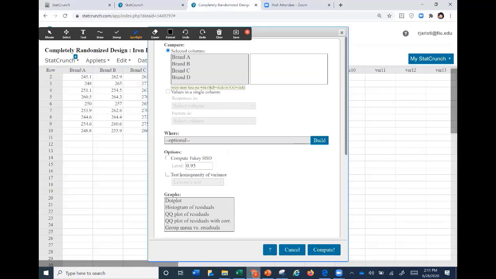We select the column where my data is located, and we select the 4 columns in which my data is located according to the brands. And let's select Compute Tukey HSD at 95% confidence level. We are going to construct confidence intervals for the differences between all of these means.